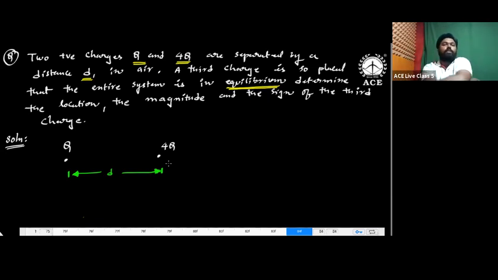So where should I bring the third charge? Should I bring it between the two charges, or should it be outside? Between or outside? Yes, some of your friends have even answered that. Very good, between.